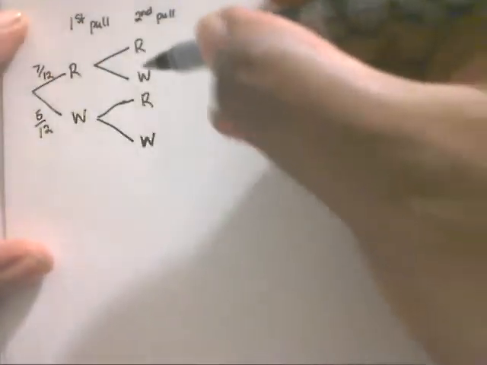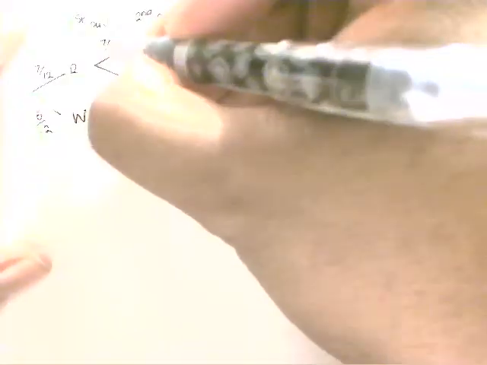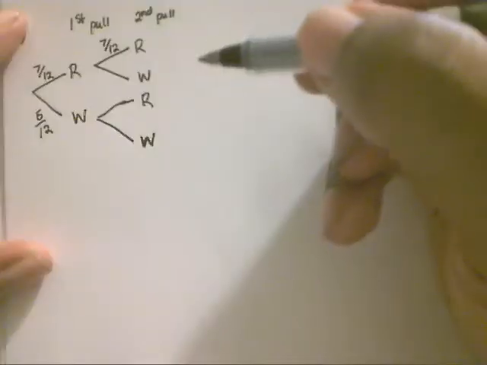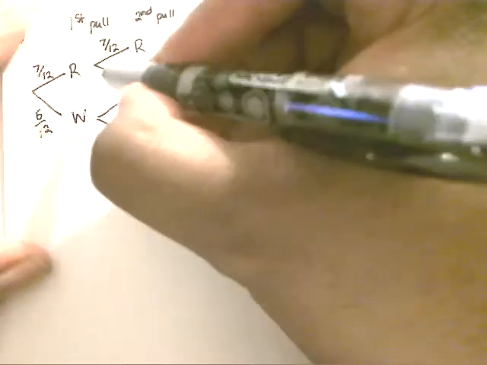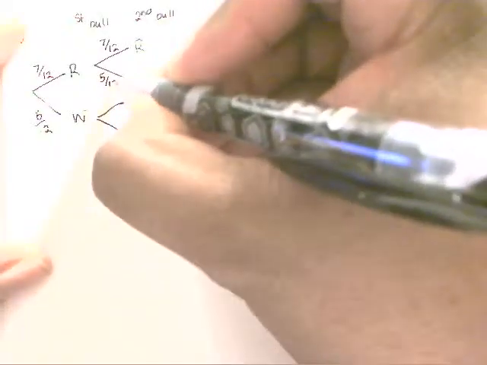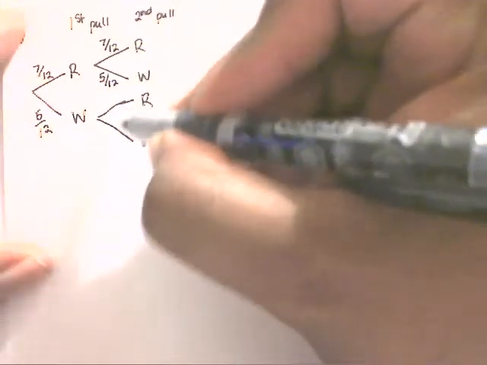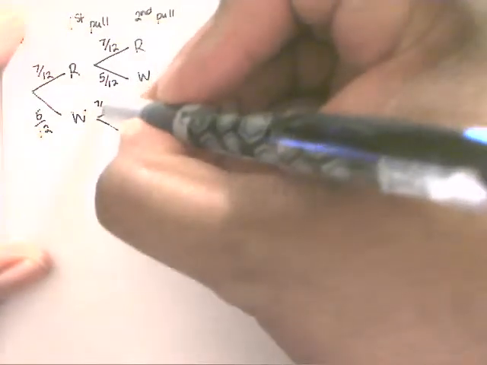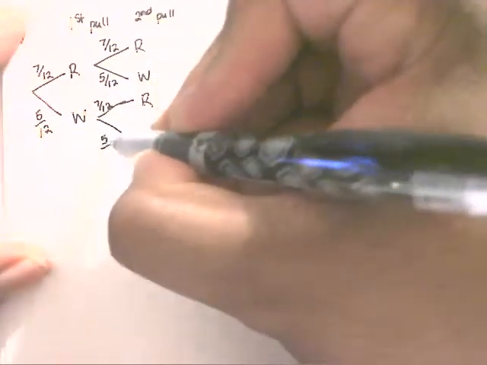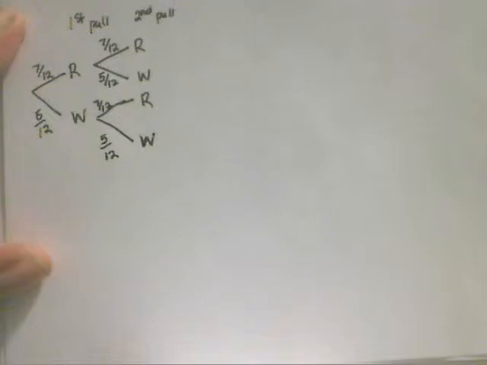So if it's a red ball, then the probability of getting a second red ball will be still 7 out of 12. And the probability of pulling a white ball is still 5 out of 12. And the same will be for this branch here. 7/12 and also 5/12.